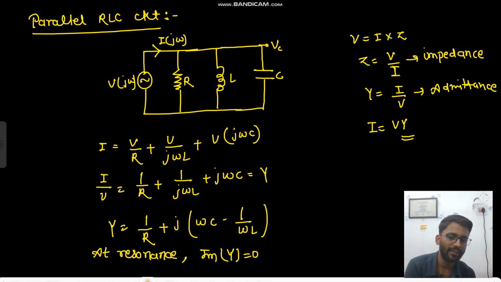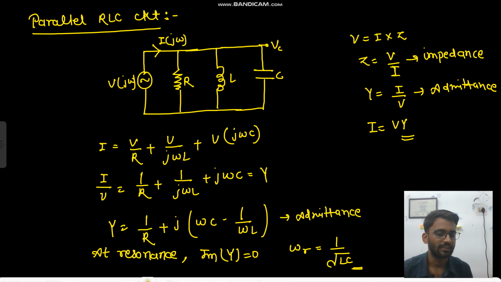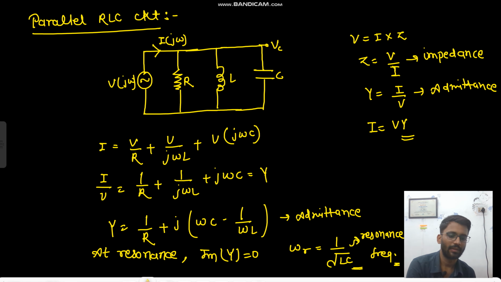So here we are finding the expression of admittance, and now we put the imaginary part equal to 0. So omega R will be equal to 1 by root LC. This is the resonance frequency.